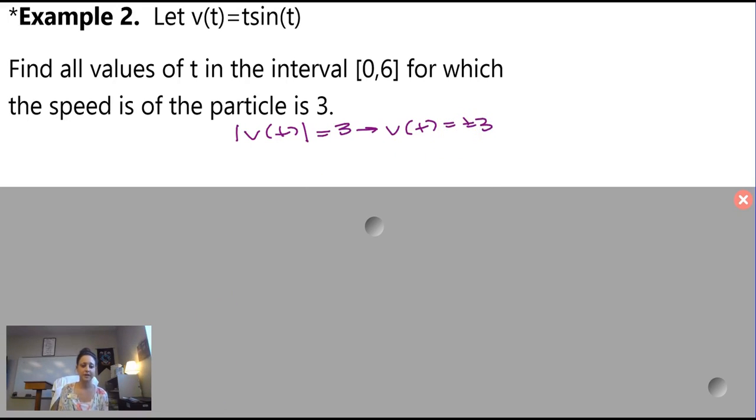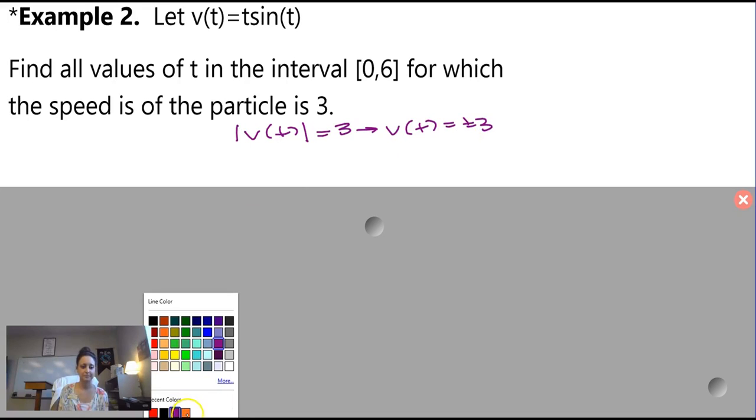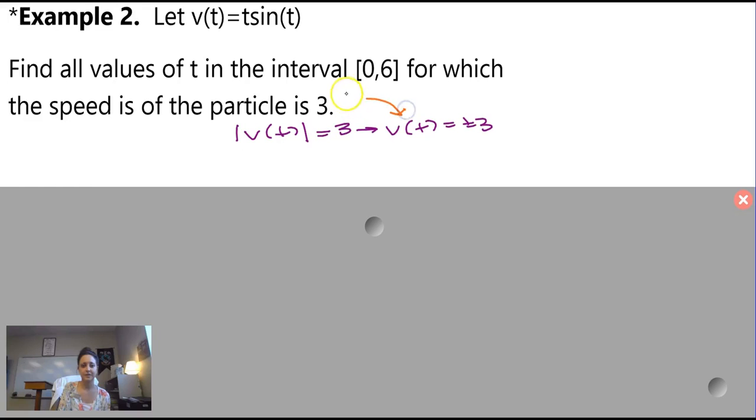It's calculator active, so how I'm going to encourage you to do it is put v of t into y1, then put 3 into y2 and find their intersections. And then do the same thing for -3. So let's do this together. Let me pull out my calculator.